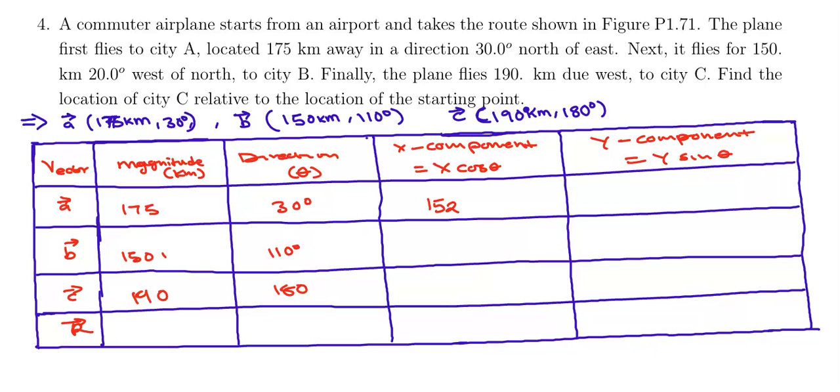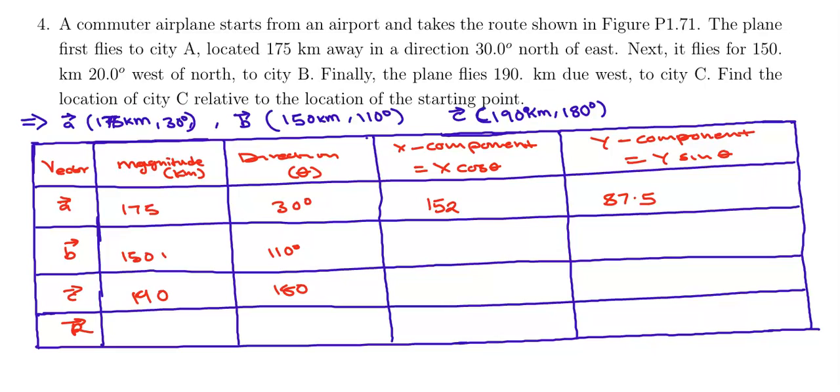Then the y component, we say 175 sin 30, and we have 87.5.